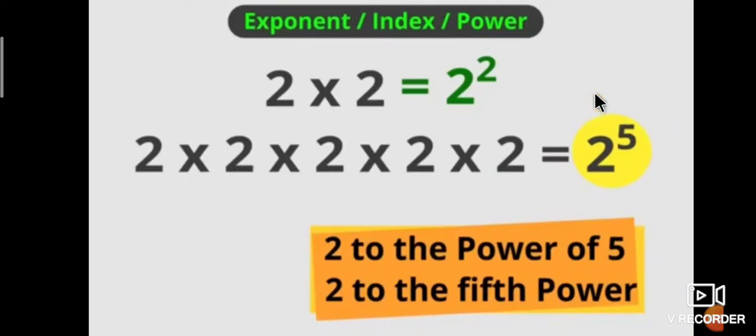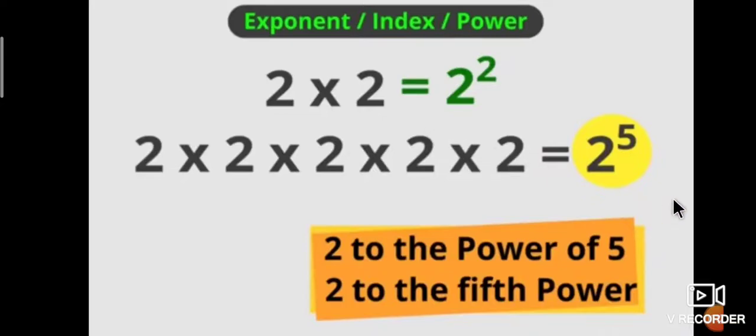Observe here 2 to the power of 2 and 2 to the power of 5. This is called an exponent. So 2 to the power of 5, or 2 to the fifth power, is called an exponent.